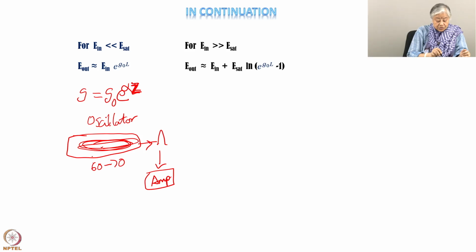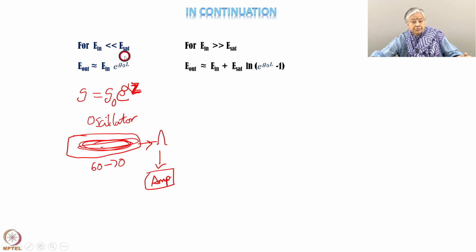While in an oscillator over 60 to 70 round trips, the initial gain remains as it is, G0 L. The change is negligible, or there is a repeated replenishing of the gain. So in an amplifier, when E in is much less than E sat, then you have this small signal gain.